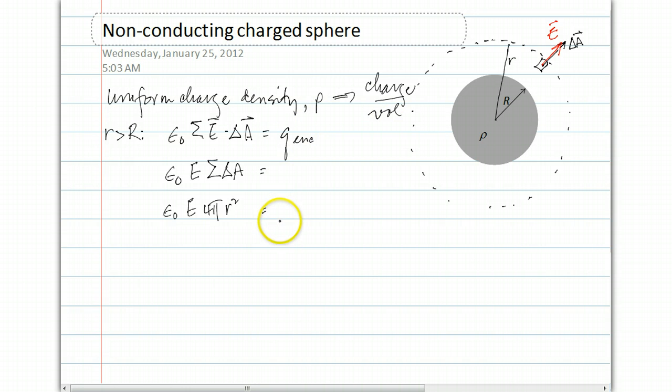And in this case, the charge enclosed is the charge per volume times 4/3 pi r cubed, which is the volume of a sphere. So doing the algebra, we end up with E equal to, 4 pi's cancel, so we have rho r cubed divided by 3 epsilon naught r squared.